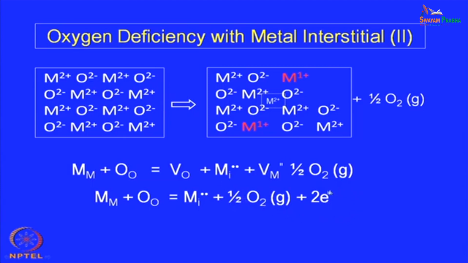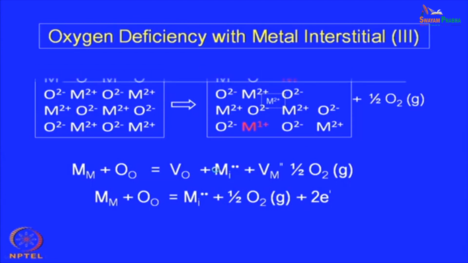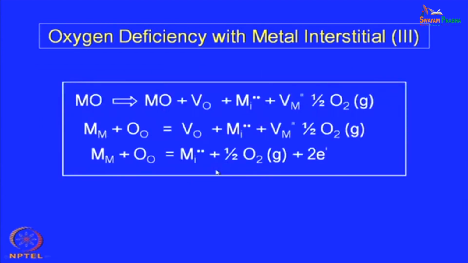So, two free electrons have been generated, and an effectively positive charge, a metal interstitial, has been generated. The overall reaction will be like this.